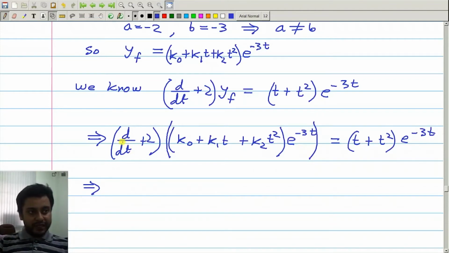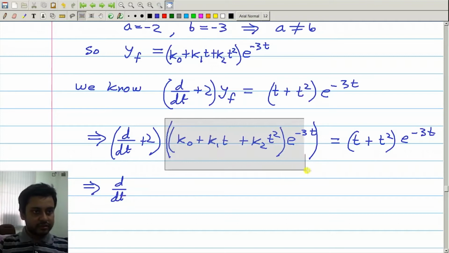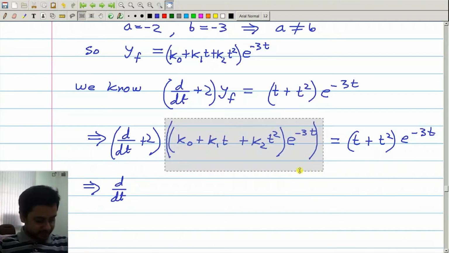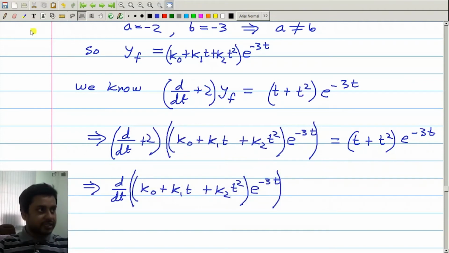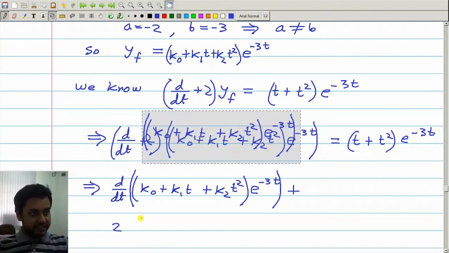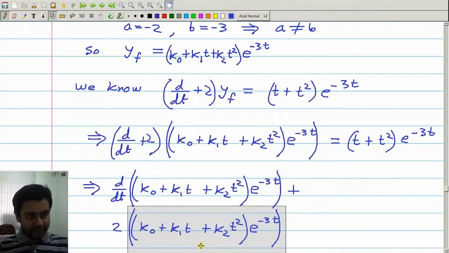Now if we apply this operation, we shall get d/dt acting on this thing, plus 2 multiplied by the same thing. I am copying it, and this is equal to the input.